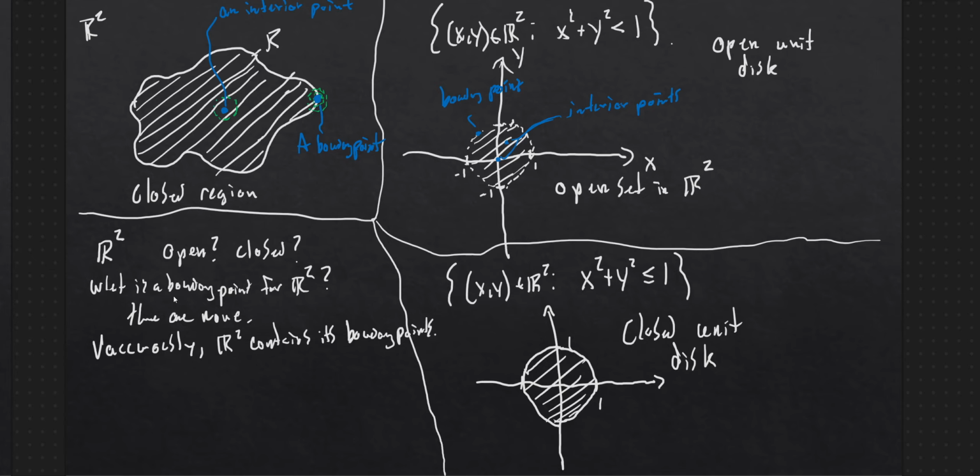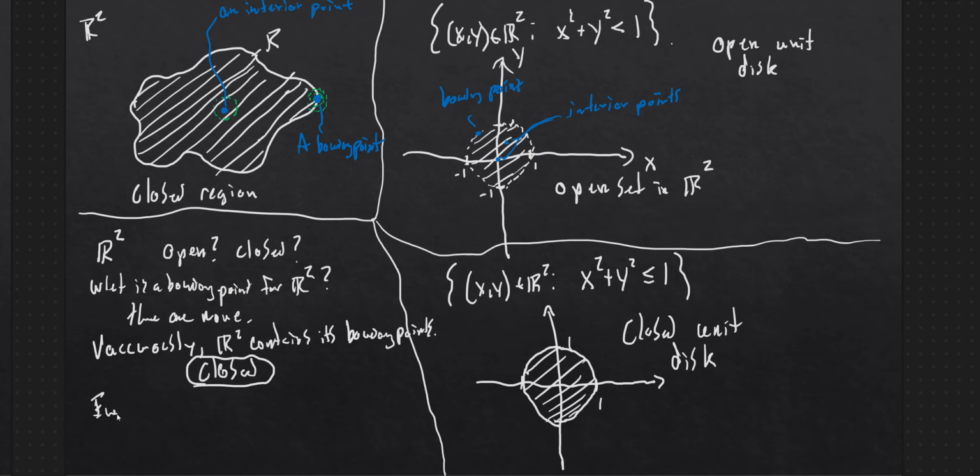So there are no boundary points for this. So it contains all of its boundary points. That means it's closed. So R2 is closed. Is it open? Well, there's no boundary points, right? Every point in R2, every disk around that point is entirely enclosed in the region. And so all of R2 are interior points.